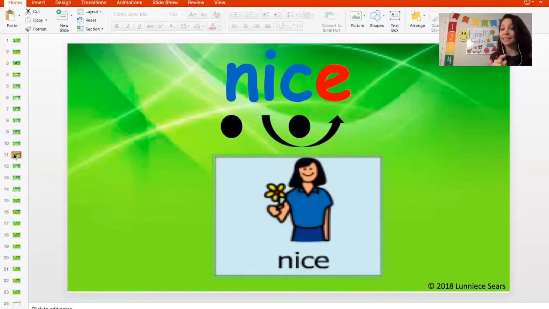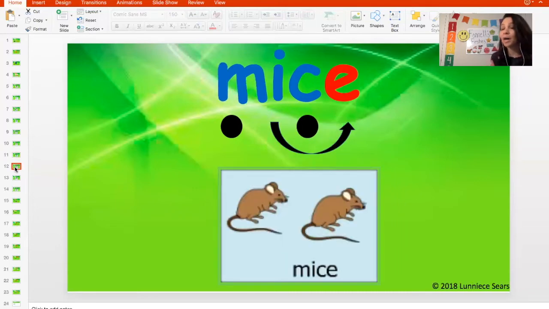I knew that that C said S and not K because there was an E after the C. That makes the C say S. M, ice. Mice. I knew that that C said S because there was an E behind it.